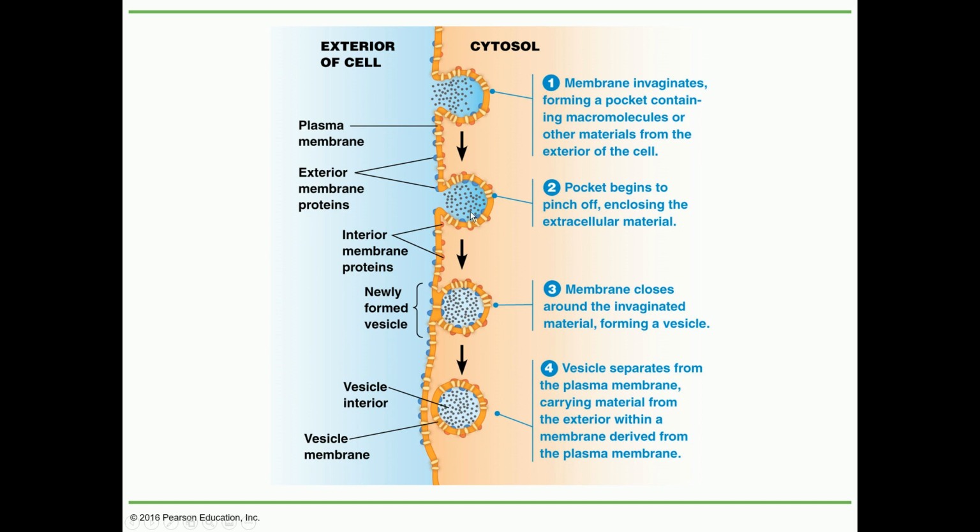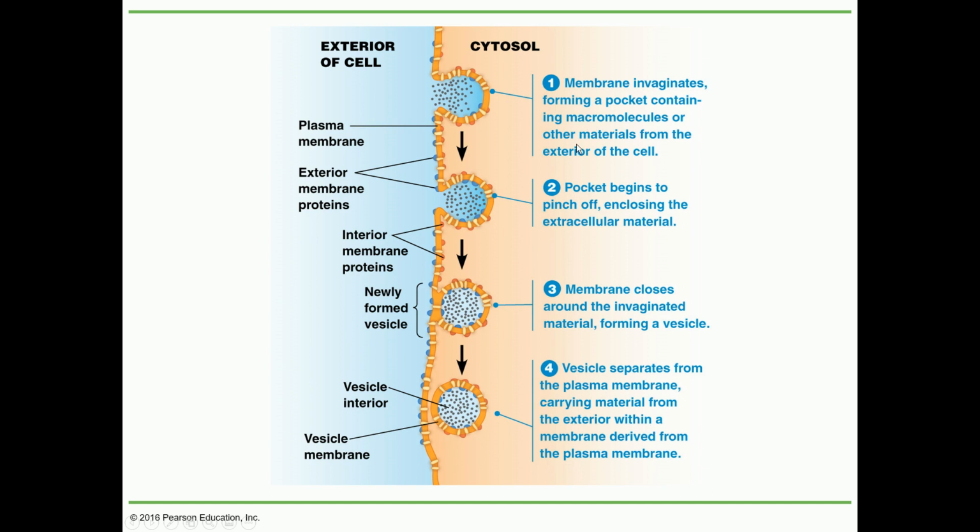This membrane invaginates and pinches off to form a vesicle. So the material which was outside the cell now enters into the cell. The vesicle separates from the plasma membrane, carrying the material from the exterior.